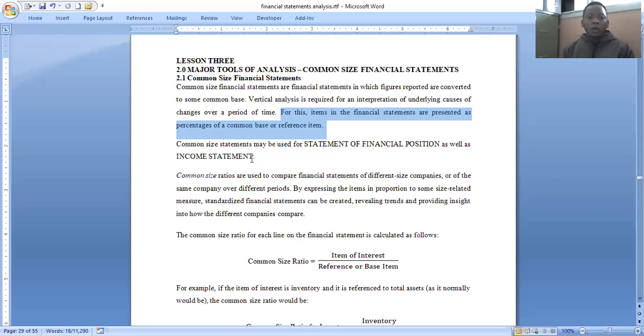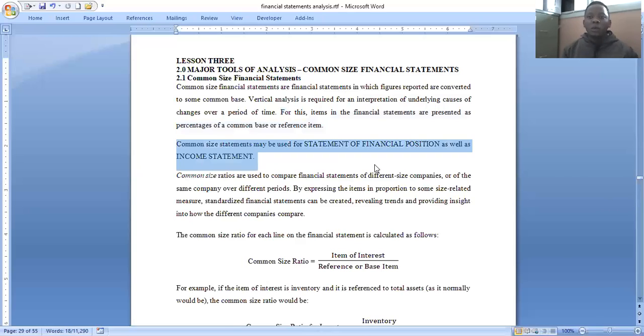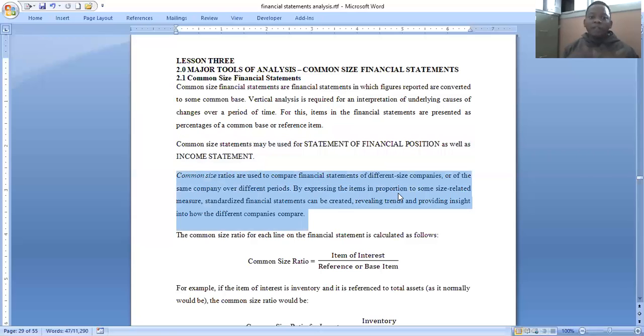So we can do a common size financial statement of both the statement of financial position, also known as a balance sheet, and we can also do a common size financial statement for the income statement, which is also known as the trading and the profit and loss account. By doing a common size financial statement, we derive ratios.